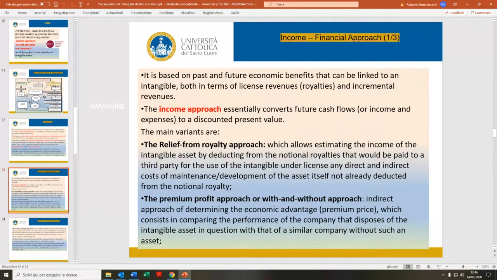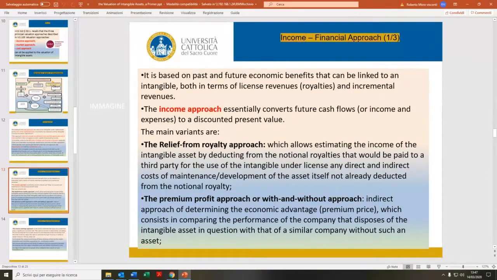Why do we consider together income and financial? Income derives from the income statement, from the economic profit and loss account. Financial from the cash flow statement. They have a common point, as we said before, represented by the earnings before interest, taxes, depreciation, and amortization, which is, as we said, an economic but also a financial margin.